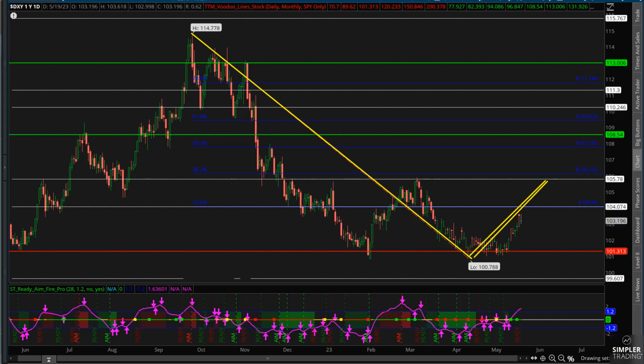And while it will have some wiggles within it, some drops within that bounce, I would expect that to generally have an upward bent over the next several months, and that would keep the stock market potentially under some pressure with bounces along the way.